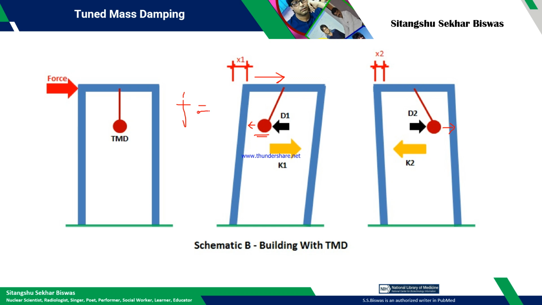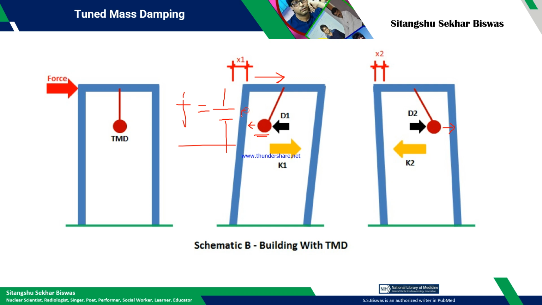You make the time period of the pendulum T, which is 1 by f. How this pendulum will work, I will explain later. Here I am just trying to give you a brief idea of the concept of tuned mass damping.